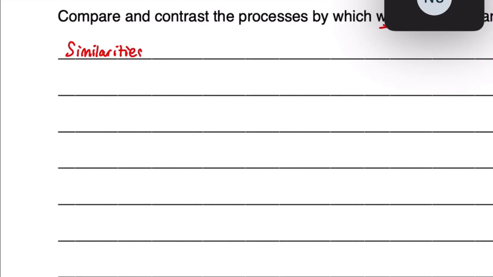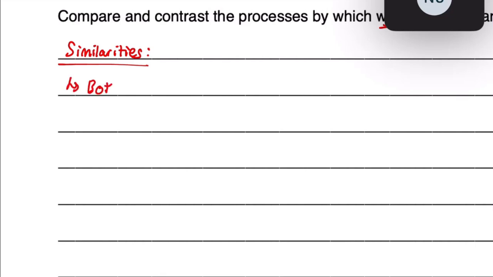If we start off with the similarities, both water and inorganic ions can move down the concentration gradient through a channel protein in the plasma membrane.